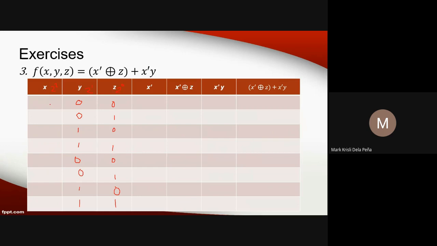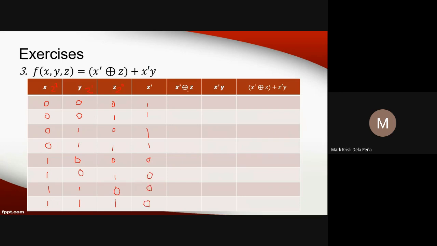If you start with 0, this is 0, 0, 0, 0. This is now the fourth, so the next one will be 1, 1, 1, 1. After, evaluate the x bar. So this is 1, 1, 1, 1, 0, 0, 0, and 0.